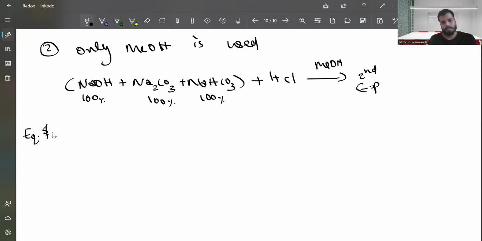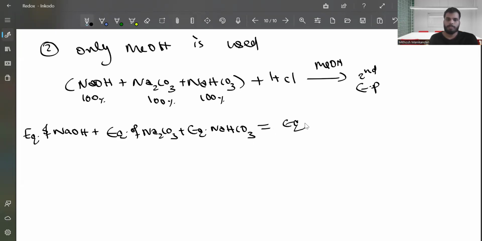equivalence of NaOH plus equivalence of Na2CO3 plus equivalence of NaHCO3 should be equal to equivalence of HCl.